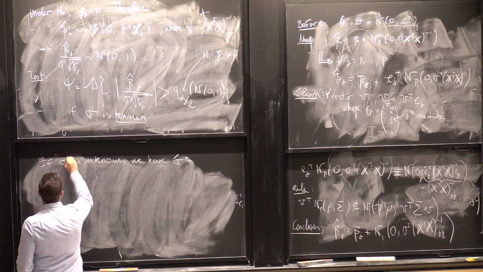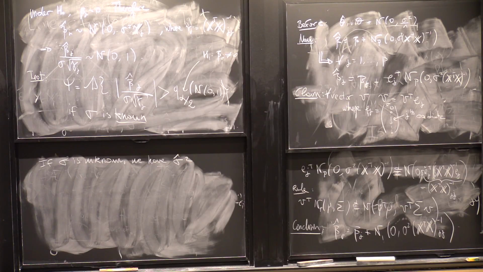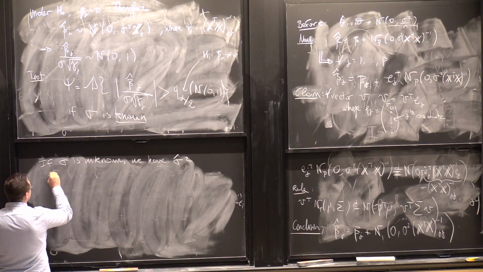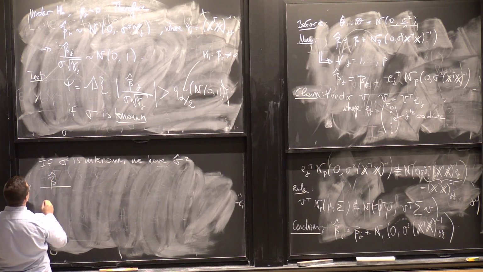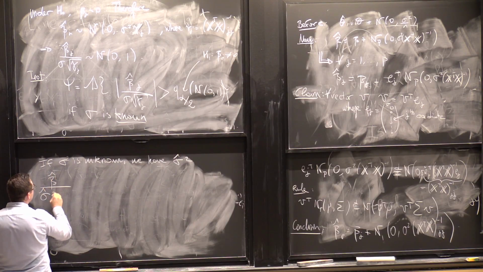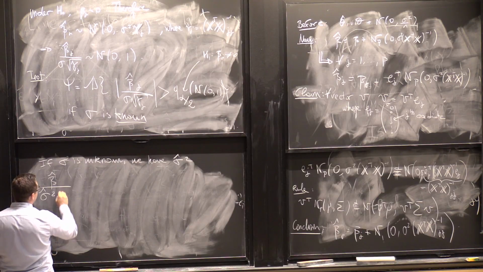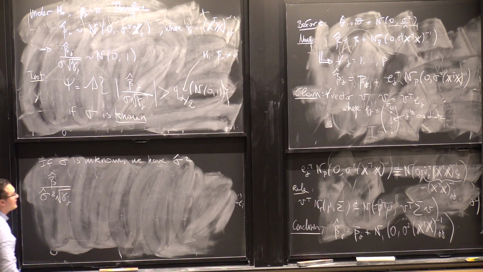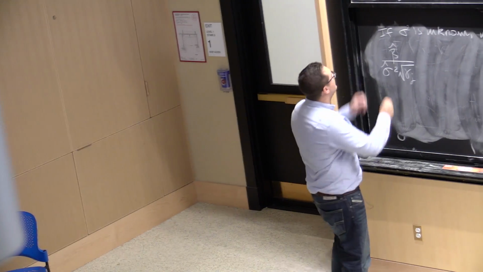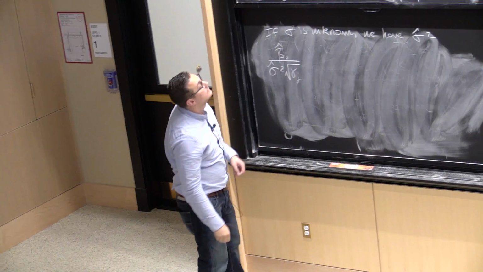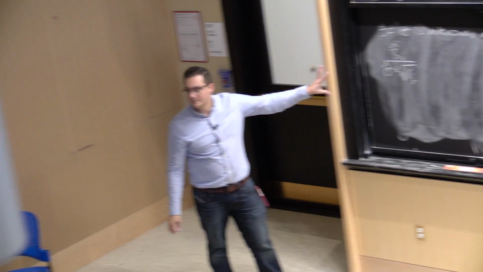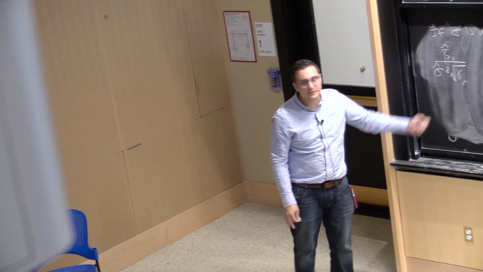So let me write sigma hat squared here. So in particular, beta hat j divided by sigma hat times square root gamma j is something I can compute, right? Agreed? Now I have sigma hat.